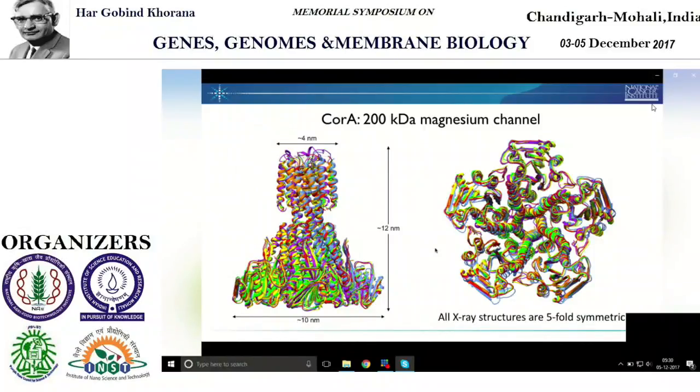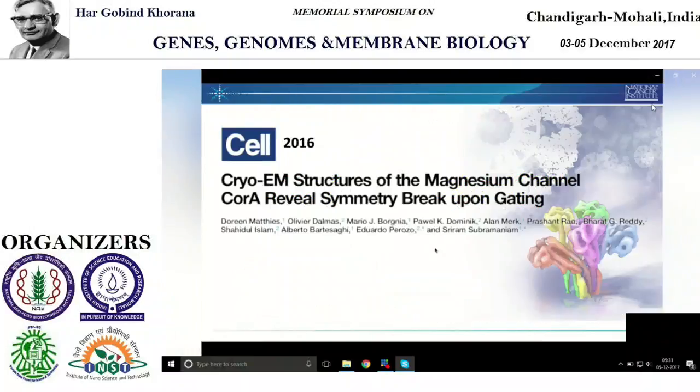So our guess was that the crystal structure was essentially inhibiting the true structural change. And to do this, we essentially initiated intensive collaboration with Eduardo Perozo to test the structure with cryo-EM in the presence and absence of magnesium.